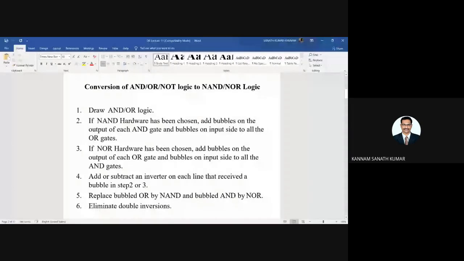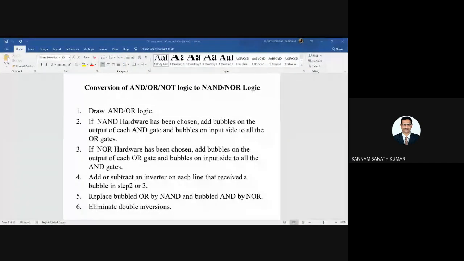Wherever you get a double inversion, you can eliminate it. This is the procedure you need to remember. I'm doing this example.